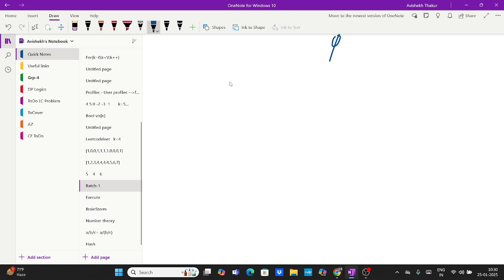But since we are talking about bit masking, bit masking is about representing some information, right? So the numbers we have are 2, 4, 5, right? How many subsets do we have? 2 power n, which is nothing but 8. Okay. I'll write something.